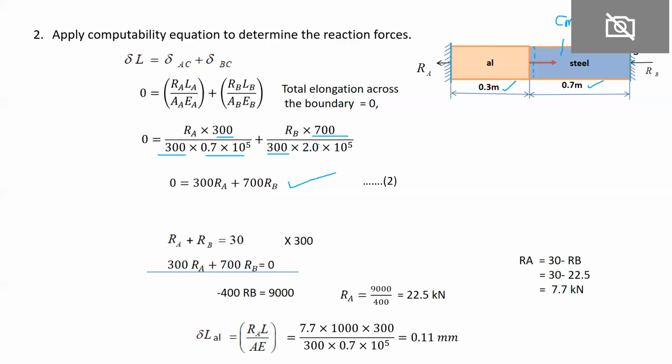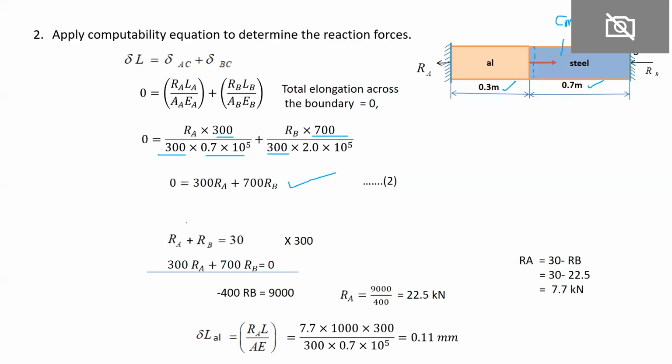In the previous problem we wrote it like this, 200 into 10 raised to 3 and 70 into 10 raised to 3. It is one and the same, so either you represent it like this or that way. Don't get confused with these values. Both have the same, and now we get the second equation.